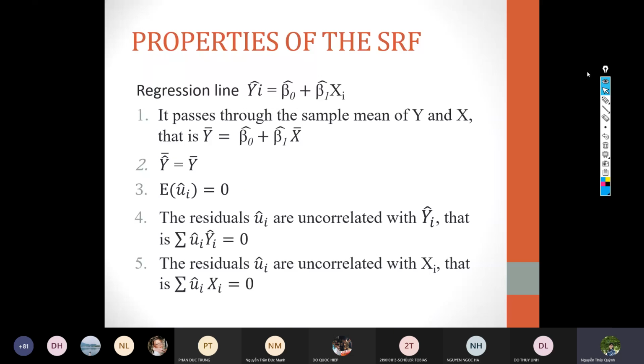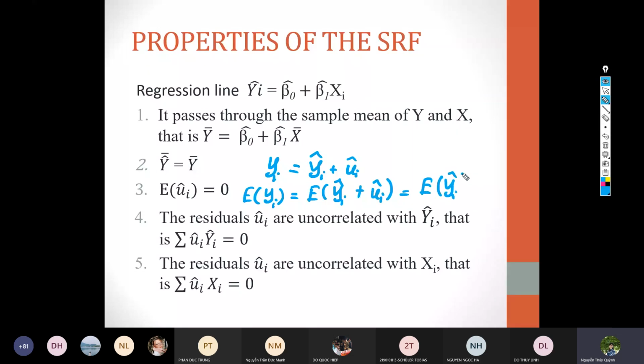Okay, so we have the observed value of y equal the fitted value of y plus ui hat. Now take the average of the left side. We have the expected value of y equal the expected value of yi hat plus ui hat, and this is equal to the expected value of yi hat plus the expected value of ui hat.